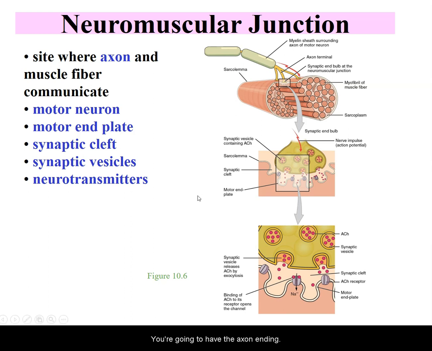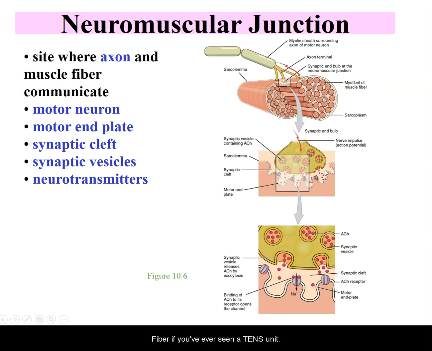You're going to have the axon ending, the distal part of the neuron, the area of the neuromuscular junction, and this whole area here is the neuromuscular junction. With each muscle fiber, there's one junction per fiber.